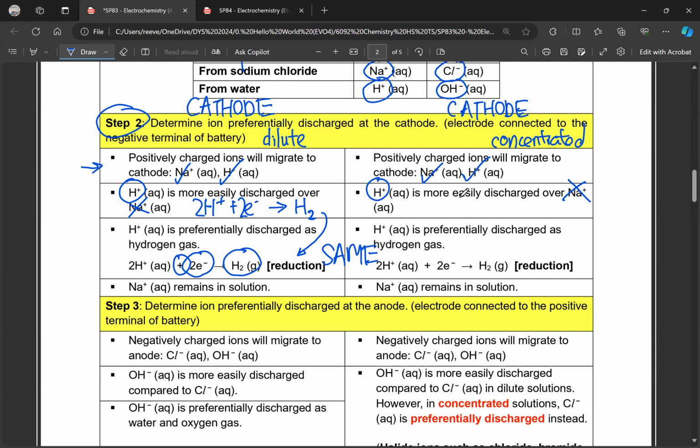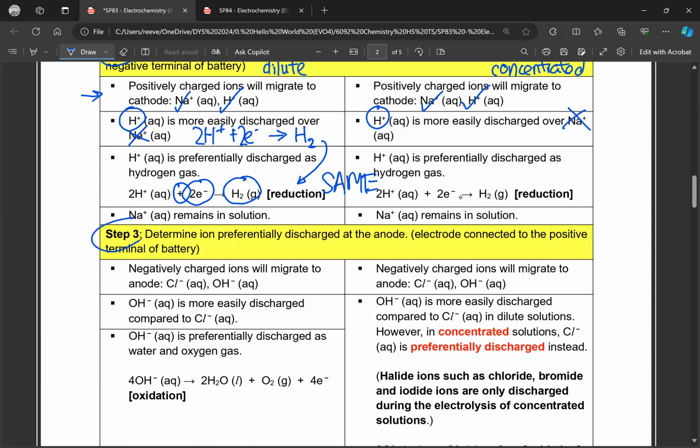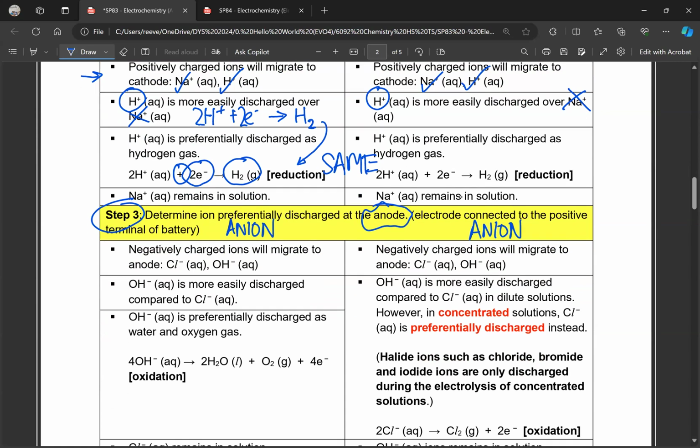Okay, step three. Let's look at the anion. For the anion, we look at the anode. This is dilute and that is concentrated.